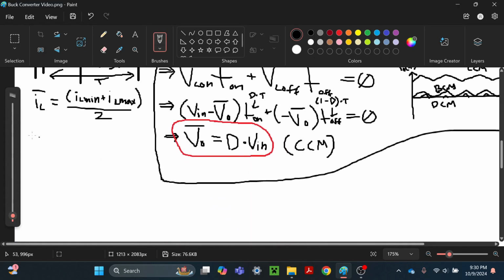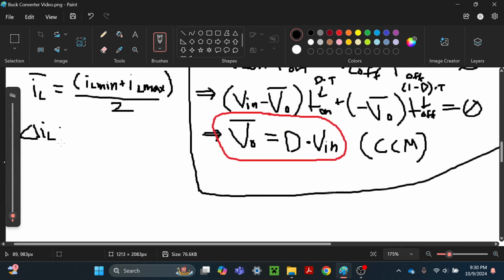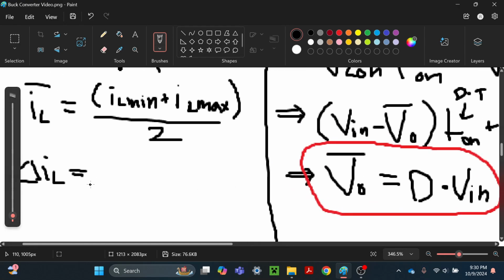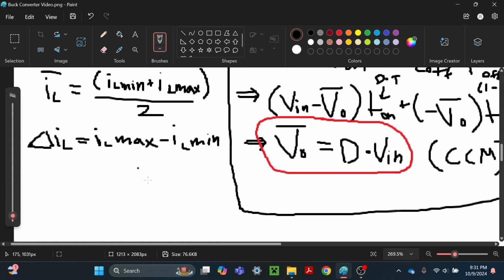And then how do we get delta IL? So delta IL is equal to IL max minus IL min, right? But how do we solve that?